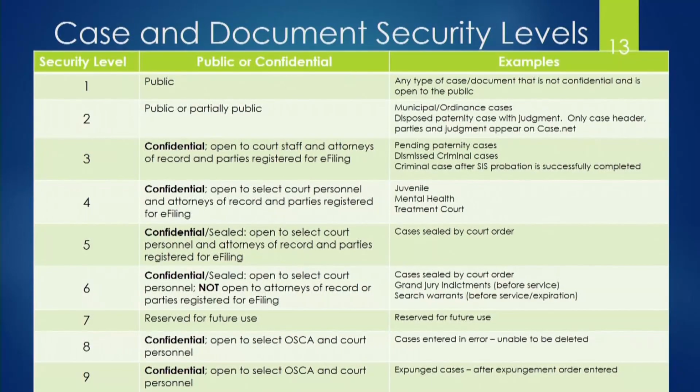Level 8 is a confidential security level, and that is used only for those cases entered in error which are unable to be deleted from the statewide case management system. Security level 9 is for those confidential cases that have been expunged. Those are the case level securities. Document level security is the same, except it just uses security levels 1 through 6.